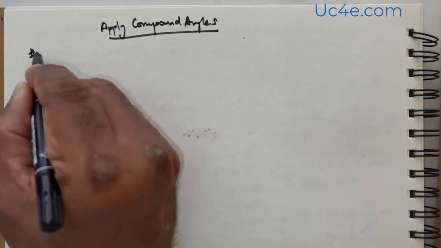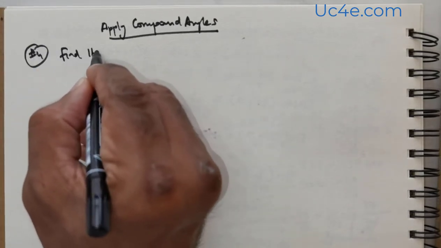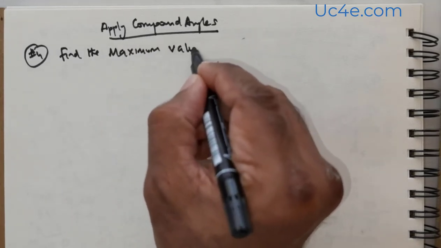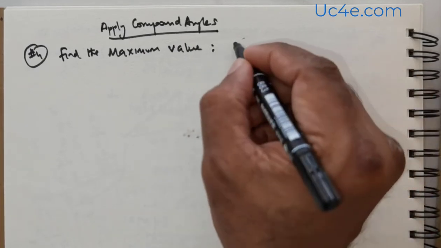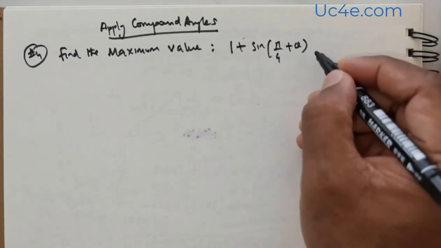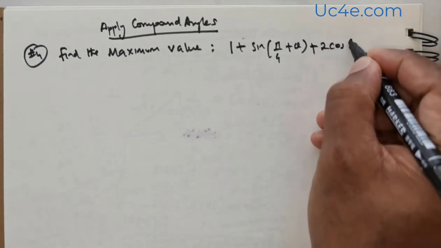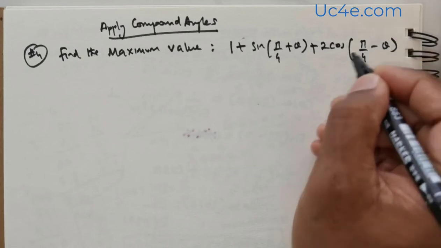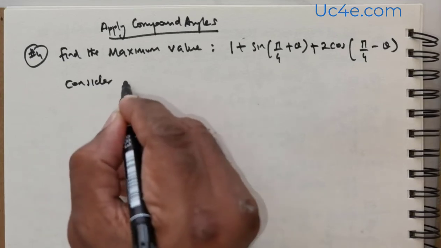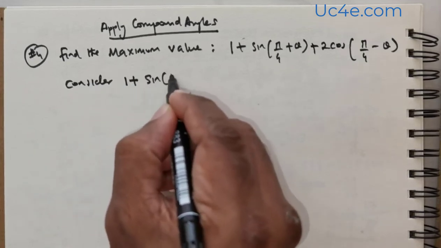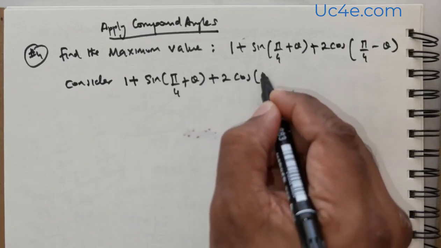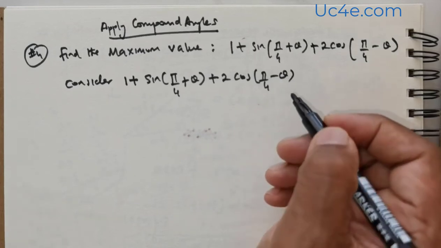It wants us to find the maximum value for this expression, 1 positive sine of pi over 4 positive theta positive 2 times cos of pi over 4 negative theta, right? Now let me just consider 1 positive sine of pi over 4 positive theta positive 2 times cos of pi over 4 negative theta.